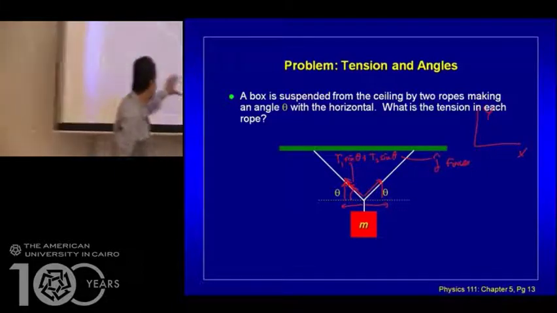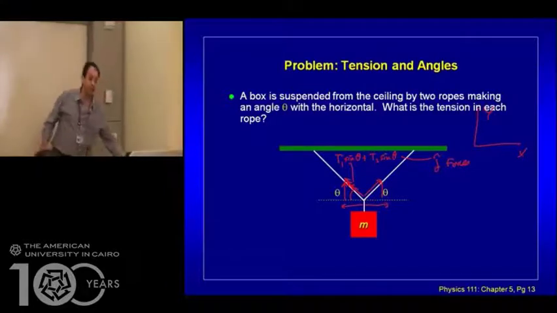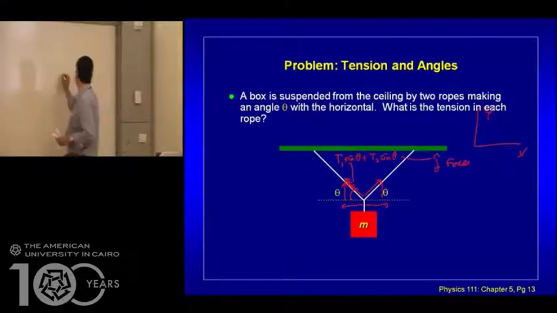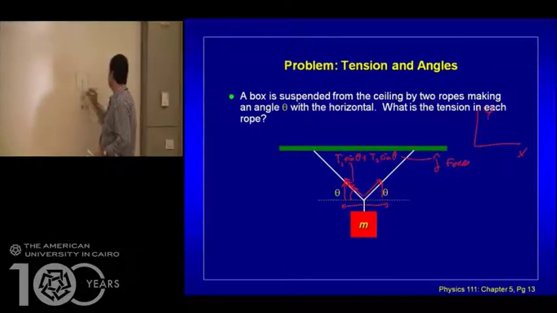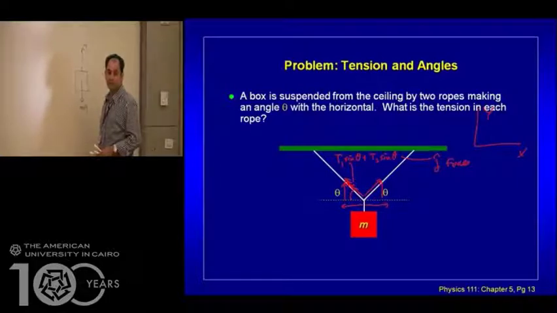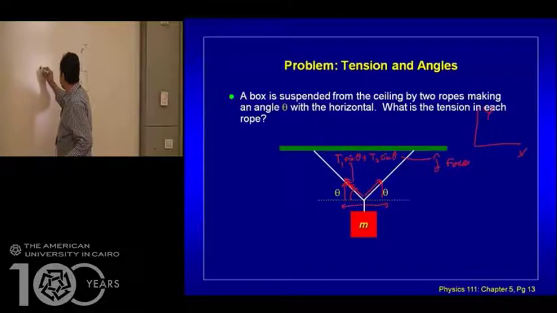I'll draw the free body diagram for the object first. That's mg, and that's the tension T. Then I'll draw the free body diagram for that point.